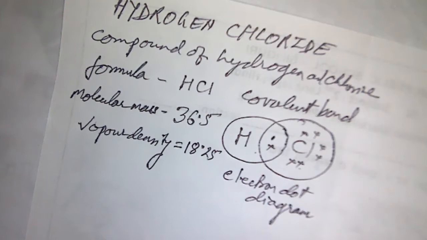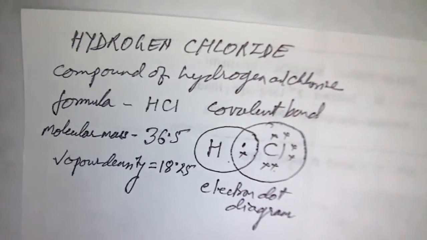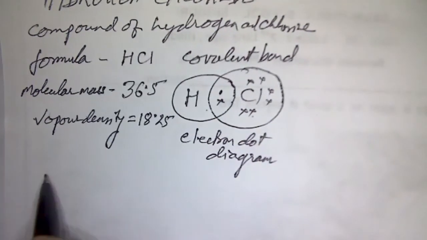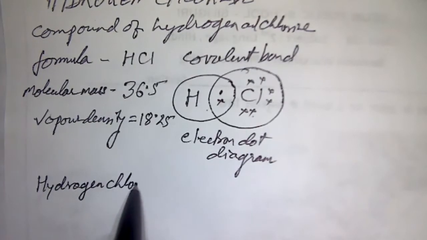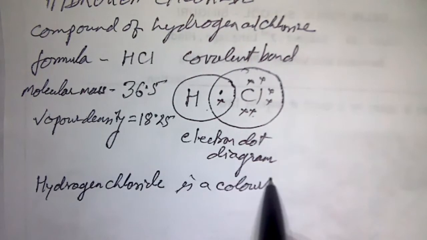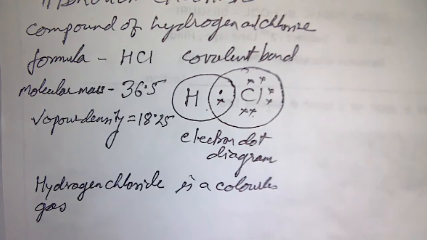Hydrogen chloride, is it a solid, liquid, or a gas? You have heard of hydrogen chloride, isn't it? So is it a solid, liquid, or a gas? So gas. Isn't it? So hydrogen chloride is a colorless gas. Clear? Hydrogen chloride is a colorless gas, but you know HCl, we write for something else also.